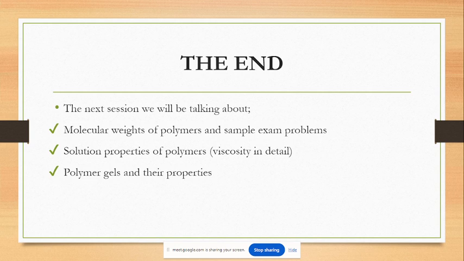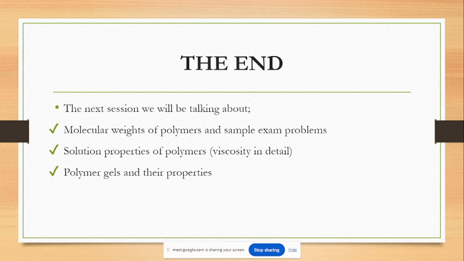Then just one last thing. Under the morphologic properties, we said there are three morphologic forms: crystalline, semi-crystalline, and amorphous. Most polymers are semi-crystalline, meaning they contain some portions that are crystals and other portions that are amorphous.